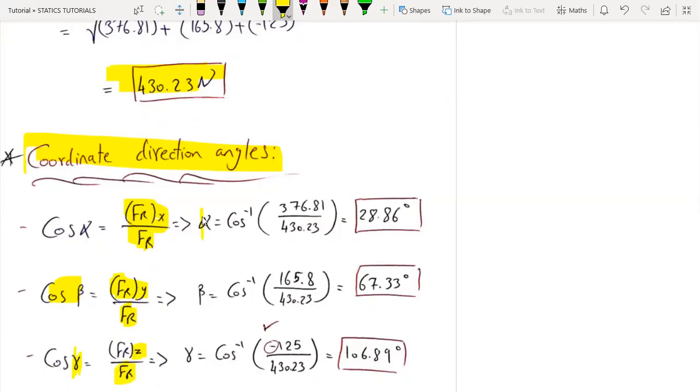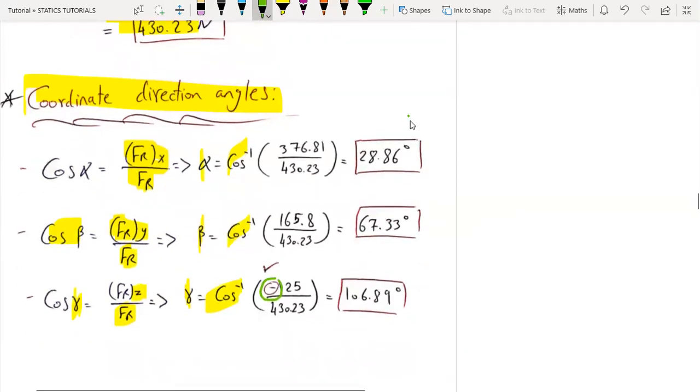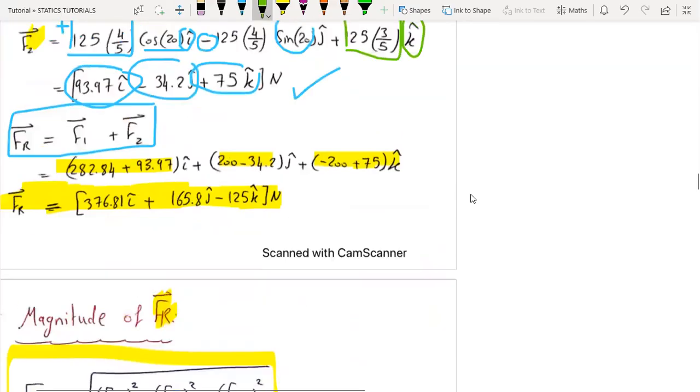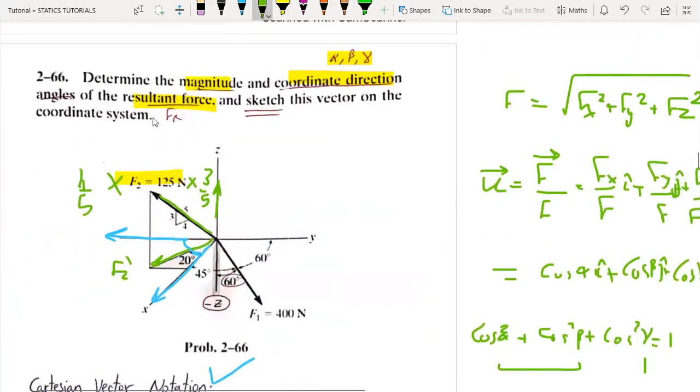To find the angles, we take the inverse cosine, but here we should note that we should take the signs into account. We are going to get the values, but these are measured from the positive x, y, and z axes. Here I forgot to draw the sketch of this vector.